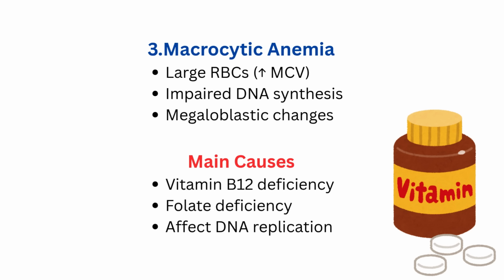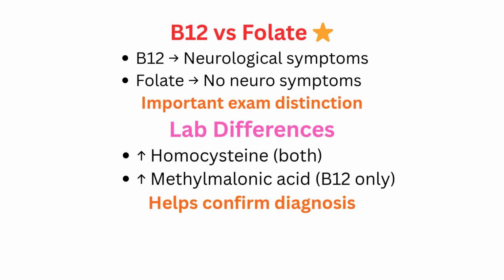Impaired DNA synthesis. 3. Megaloblastic changes. The main causes are vitamin B12 deficiency and folate deficiency. So, main causes are: 1. Vitamin B12 deficiency. 2. Folate deficiency. 3. Affect DNA replication.